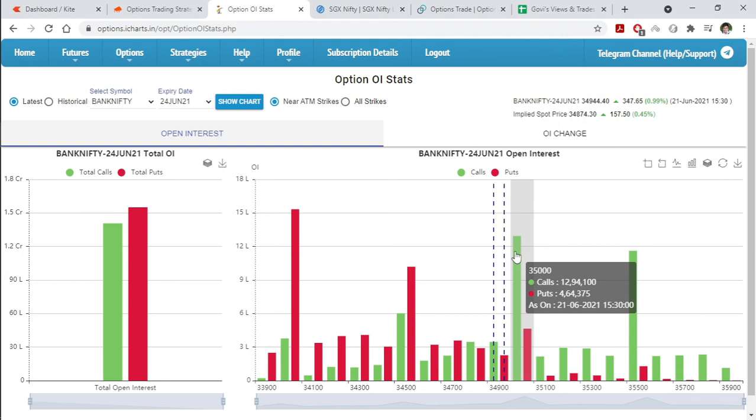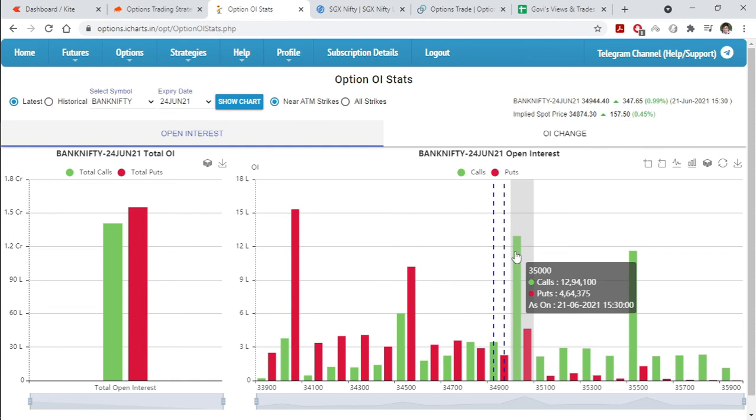The next resistance would be 35,380 followed by 35,500, the levels to watch on the upside. On the downside, we have heavy put writing at 34,500 and 34,000, so both levels are still good supports.